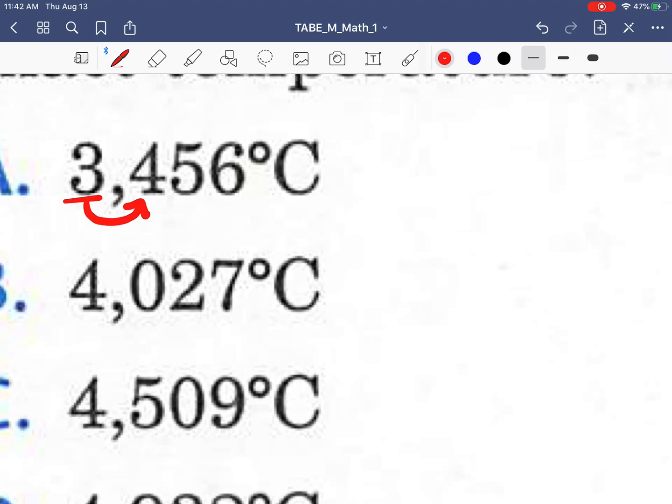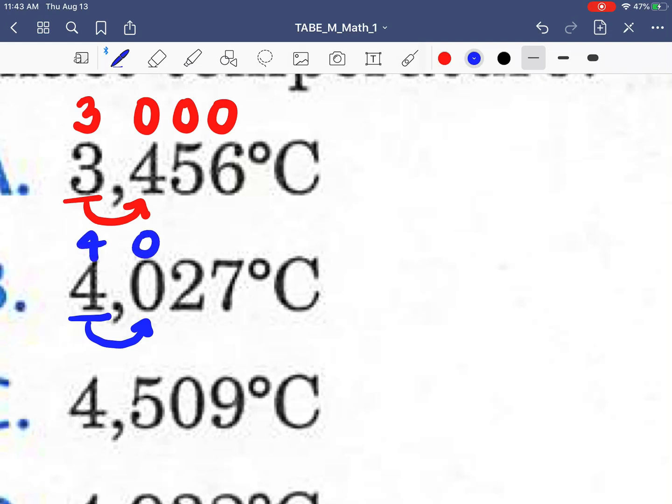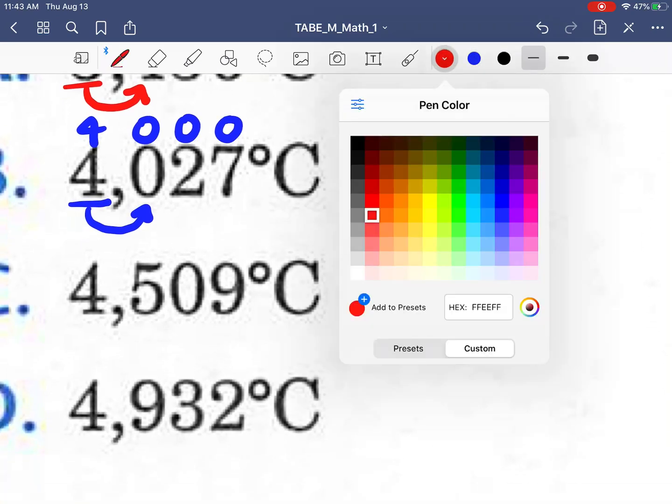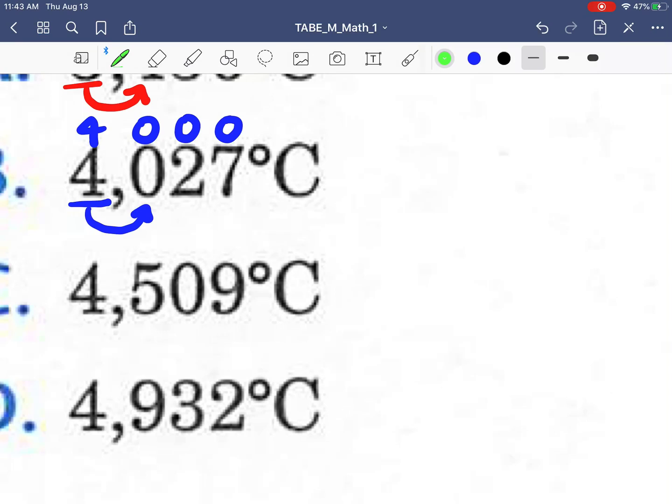Neighbor says you stay the same. Point of reference. Neighbor says you stay the same. Point of reference. Neighbor says you round up.